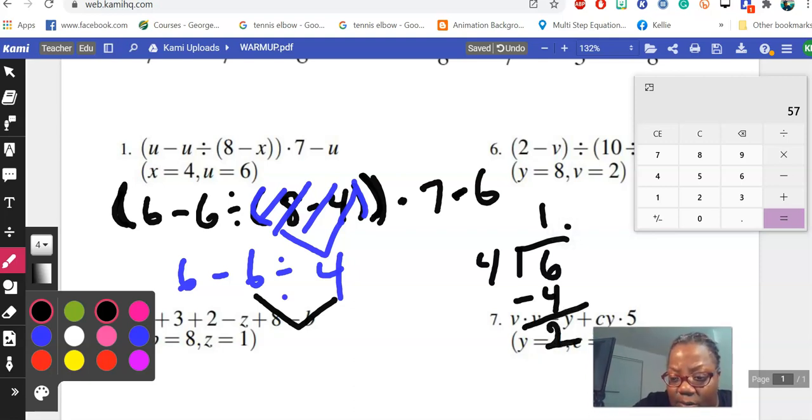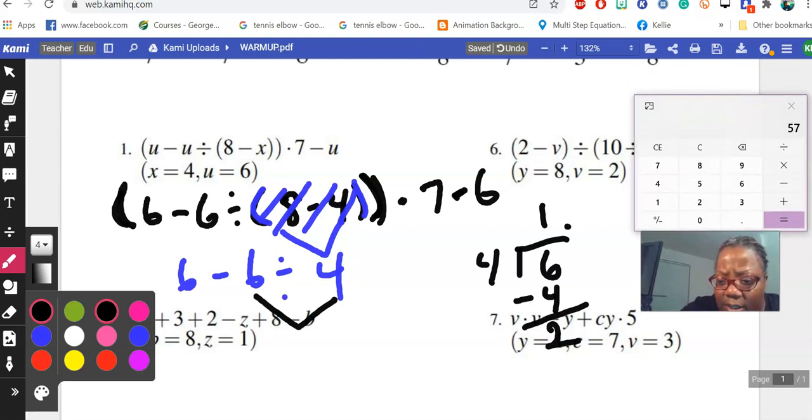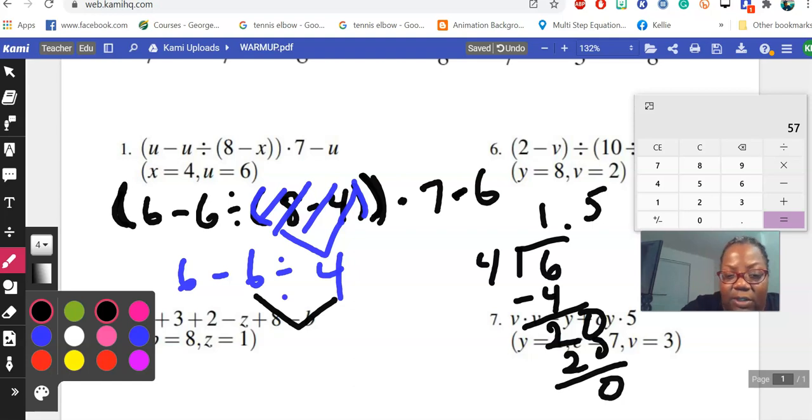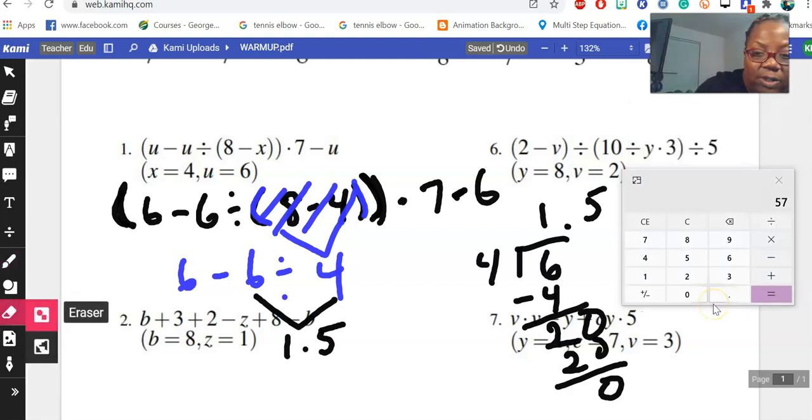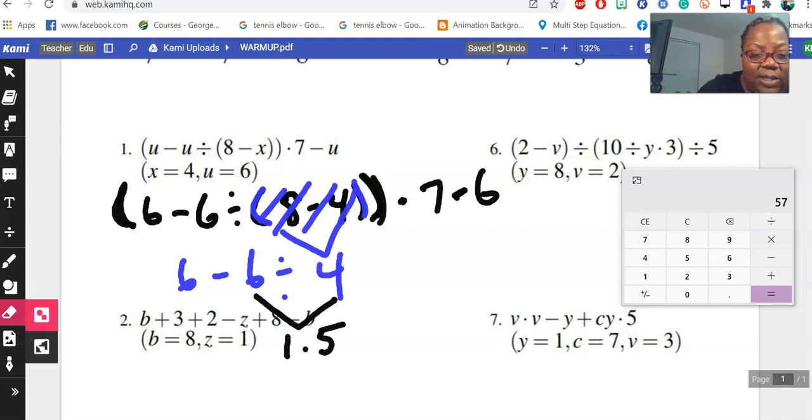Put a decimal, right? Add a 0, so you get 20. Now 4 goes into 20. That's 5. 5 times 4 is 20. 0. So this is going to be 1.5. If you weren't sure how to do that, let me erase this part over here so I have my space. Okay, so now that's 1.5.